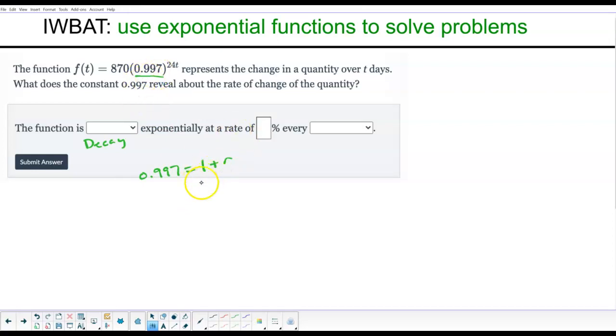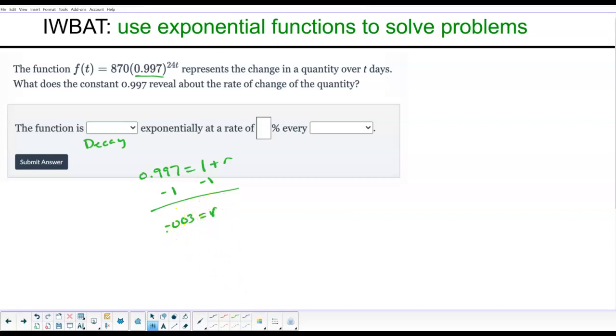And then the exponential rate is, we're going to take this value, and to find the rate, we have to set the growth factor equal to 1 plus r, then we're going to subtract 1. And when we do that, notice how you get a negative answer. We get negative 0.003 is the rate.